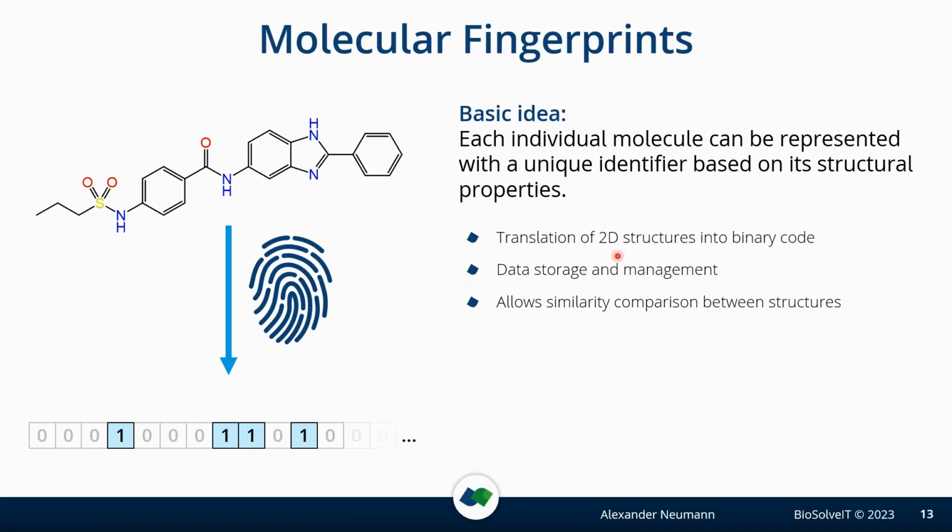This is what we would call a binary code. So every molecule can be represented just as an arrangement of zeros and ones, which is convenient because we do not have to save letters, like SMILES strings, but we can just use ones and zeros, which is a very convenient way for data storage and management.